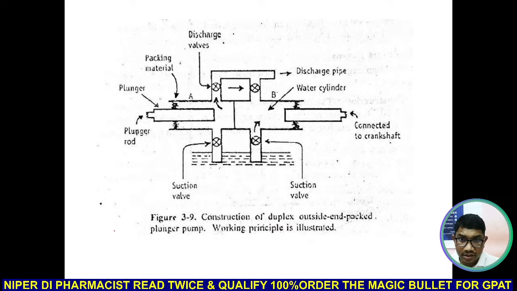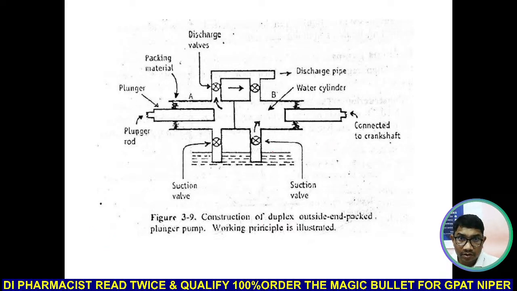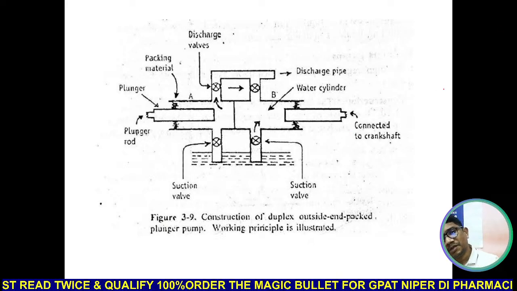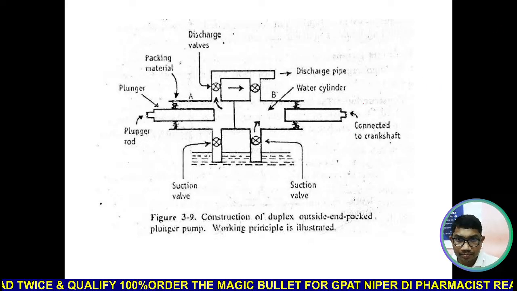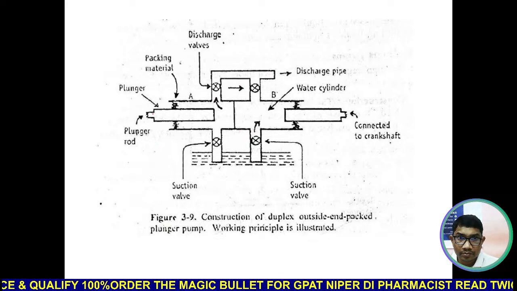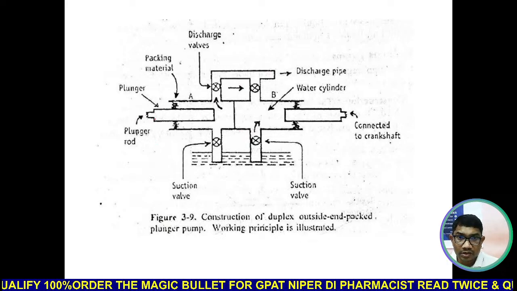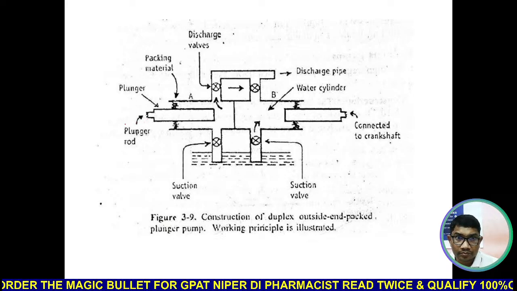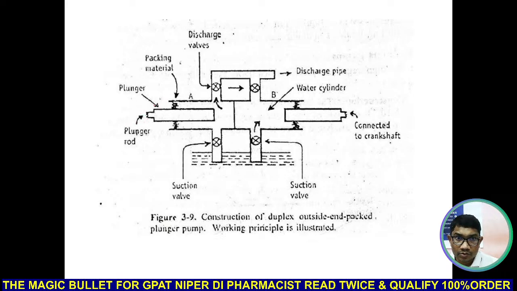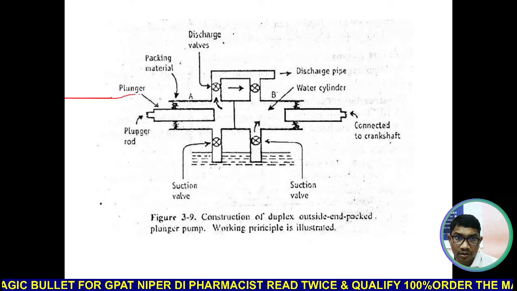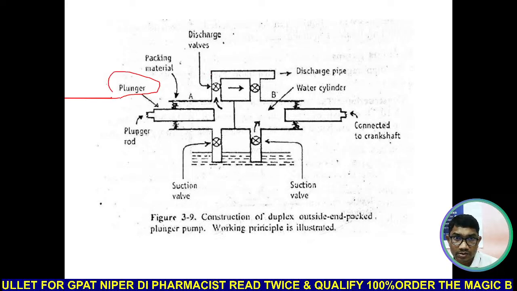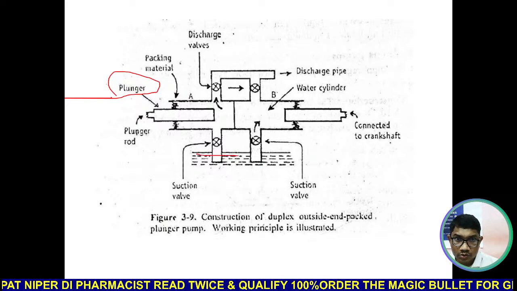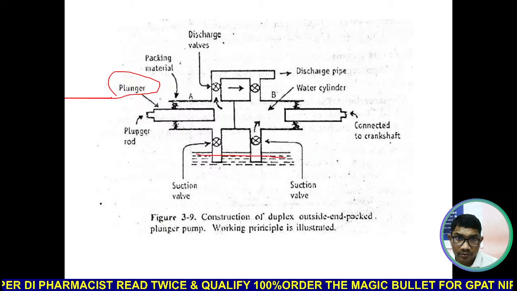Construction of duplex outside end packed plunger pump. Here there will be a plunger; there it was a piston, piston and plunger. This plunger element will move forwards and backwards in the water cylinder. During one stroke these two valves are suction valves, they will suck liquid.